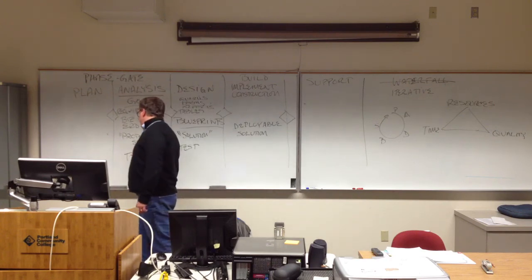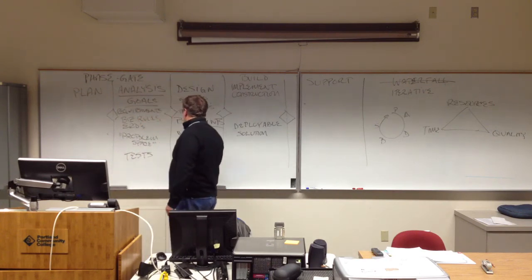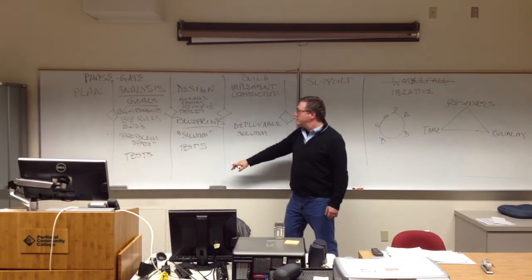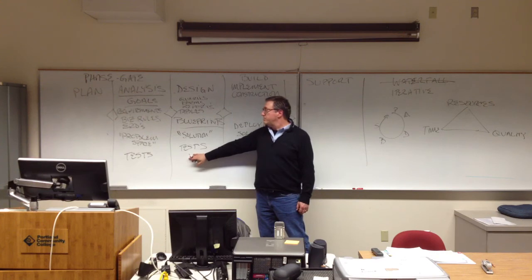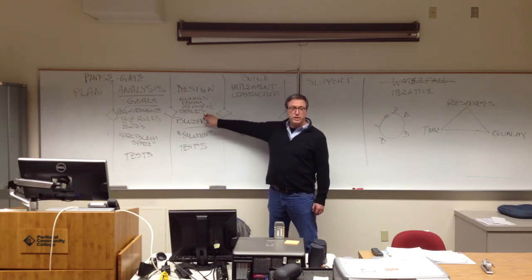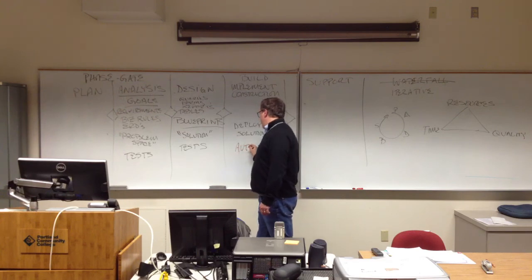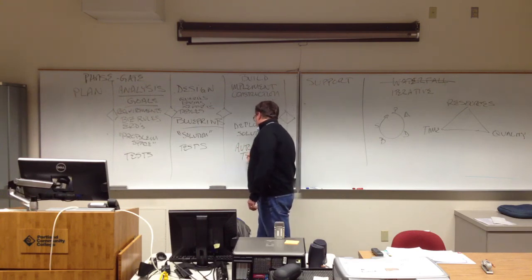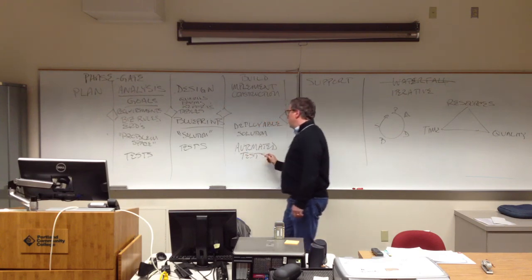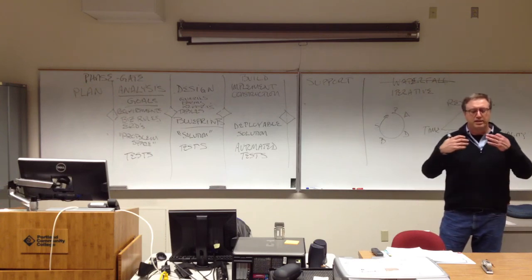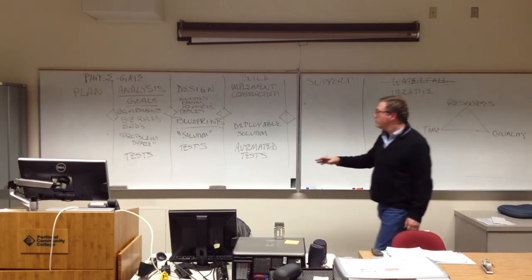The type of tests are different. Sometimes early on, it's just a smell test. Does this make sense to you? At this point, you're looking at design. Sometimes you've got code. You've got a prototype running. You can actually write code with it. At this point, you've got automated testing, where you've written software that is running against your software and load testing and trying all sorts of things out.